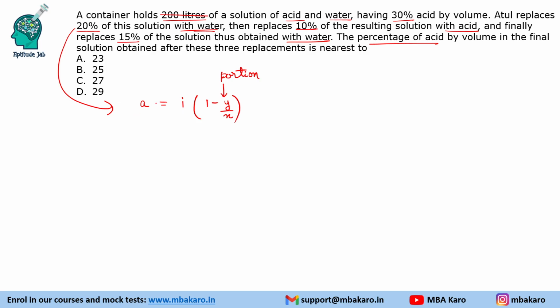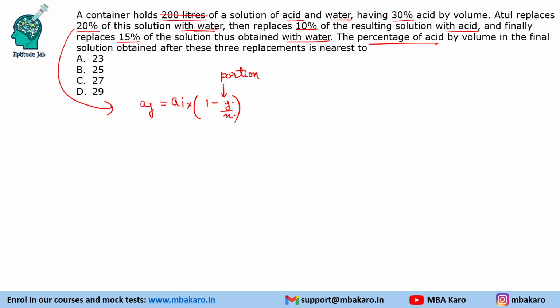If y by x means the part that is being replaced upon the total part, or if you are given the portion, you can multiply that. Now we can apply this formula to find the percentages.